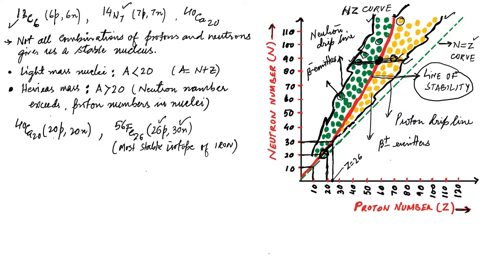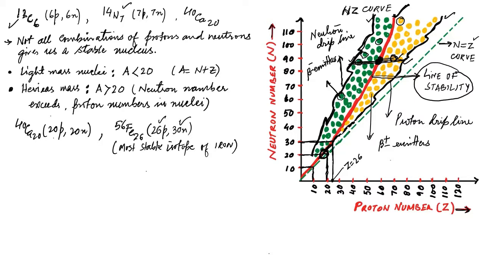The most important conclusion from this NZ curve is that if a nucleus is stable, then it has to have a greater number of neutrons as compared to protons.